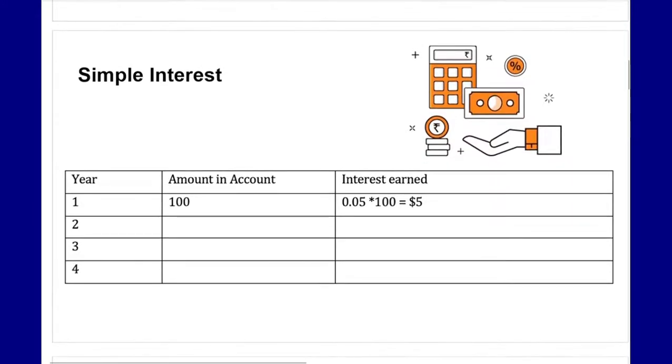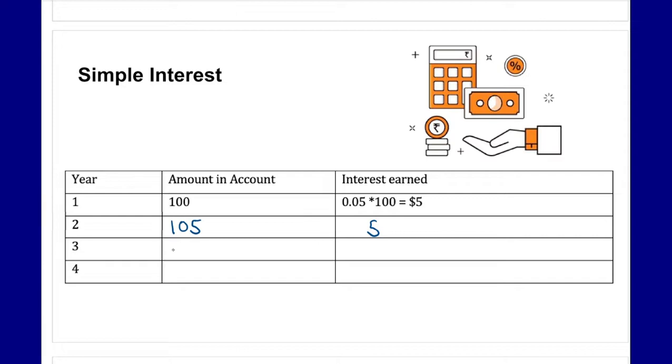If we go through simple interest first, in year one we have $100. We earn 5% interest, so $5. So the amount in the account is $105. The next year, the interest earned is again $5, same as the year before, because we're only earning interest on the principal amount, which is the initial value.